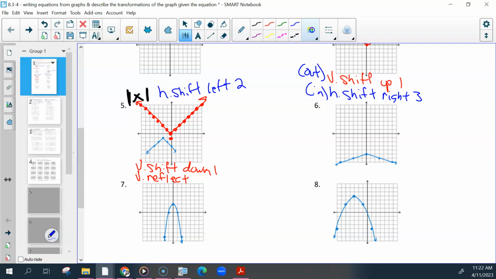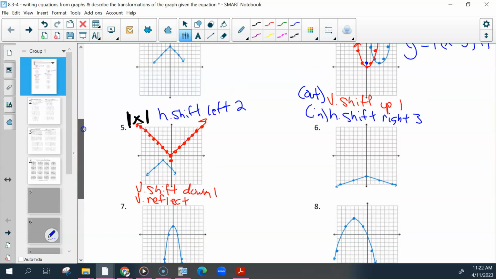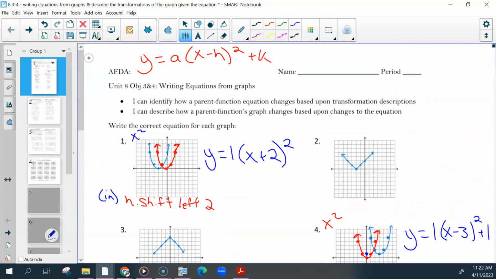So when we write that equation, it'll almost look like the quadratic one we had up here, but a little different. We talked about this before break. But it would be y equals a times the absolute value of x minus h plus k. So no parentheses, no square. But the a, the h, the k, those are all the same.